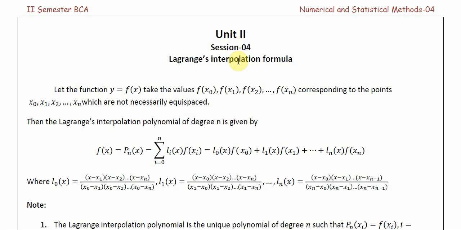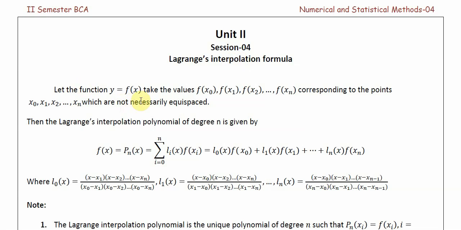That means if you are given a set of tabular values where the x values are not equally spaced, then Lagrange's interpolation formula or Newton's divided difference formula can be used. So we shall be studying Lagrange's interpolation formula today.